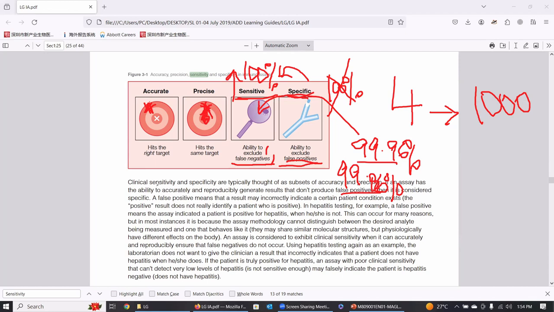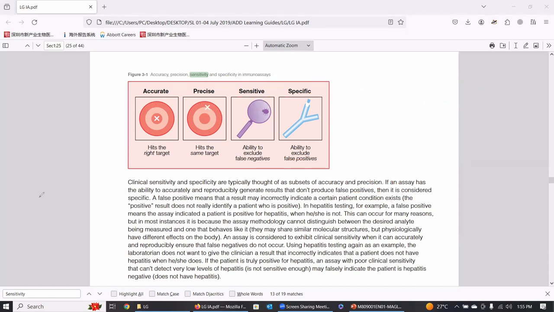So clinical sensitivity and specificity are typically thought of as a subset of accuracy and precision. If an assay has the ability to accurately and reproducibly generate results that do not produce false positives, then it is considered specific. A false positive means that a result may incorrectly indicate a certain patient condition exists. The positive result does not really identify a patient who is positive.